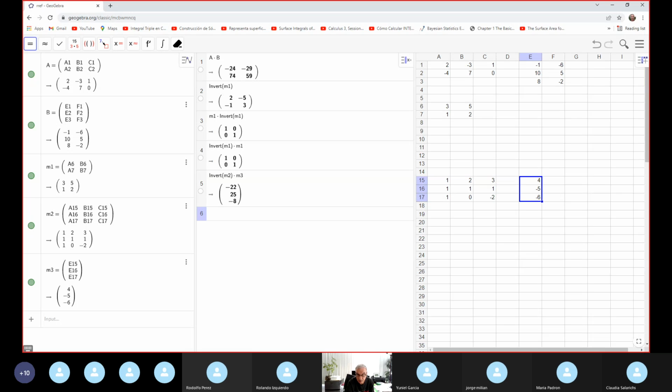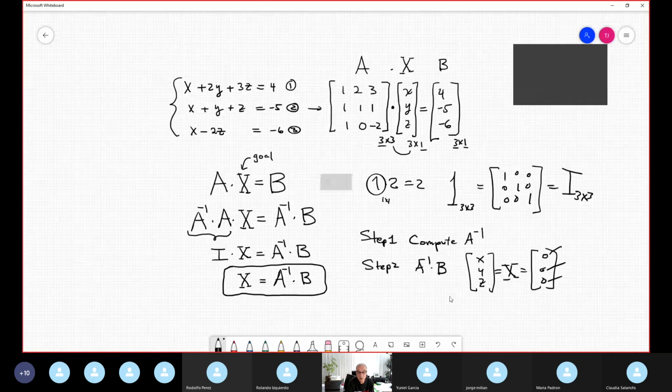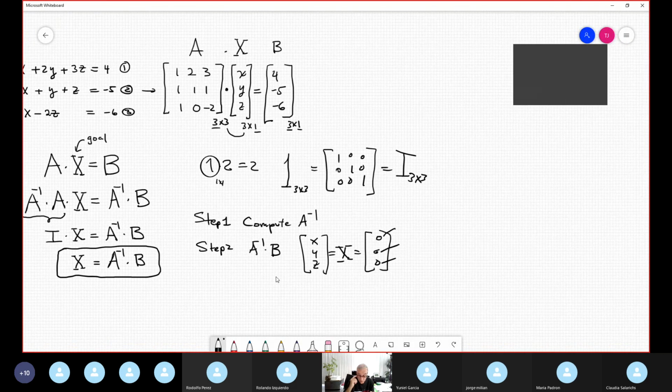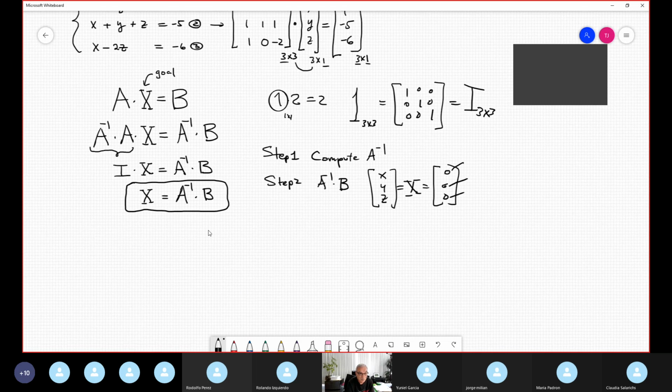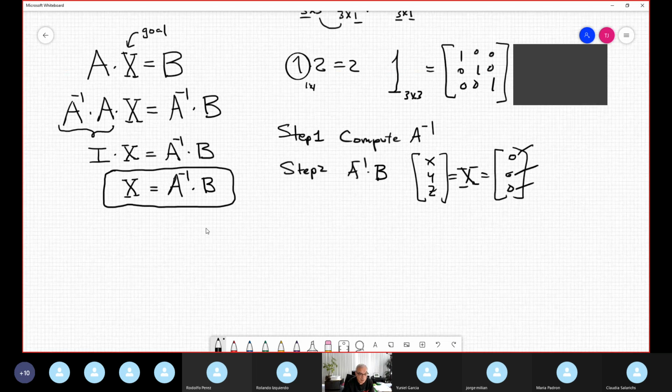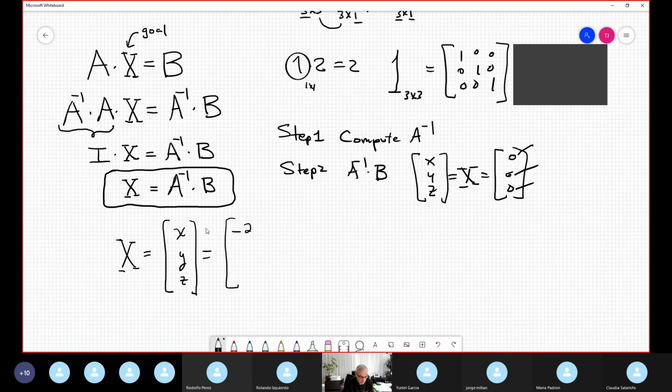When you multiply, the answer of that formula is capital X, and capital X is a vector, letter X, letter Y, letter Z. The answer given is -22, +25, and +8.